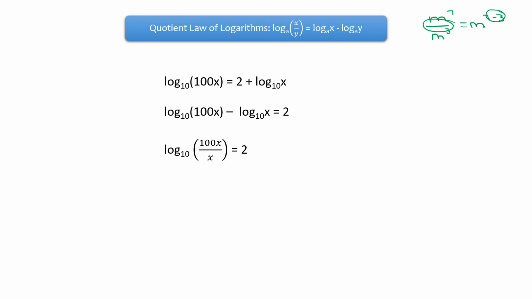Now, of course, you know that these will cancel out. They're parts of a monomial. So we're left with log base 10 of 100 equals 2. And if I rewrite that in exponential form, my base is a 10, my exponent is a 2, and that's a 100.